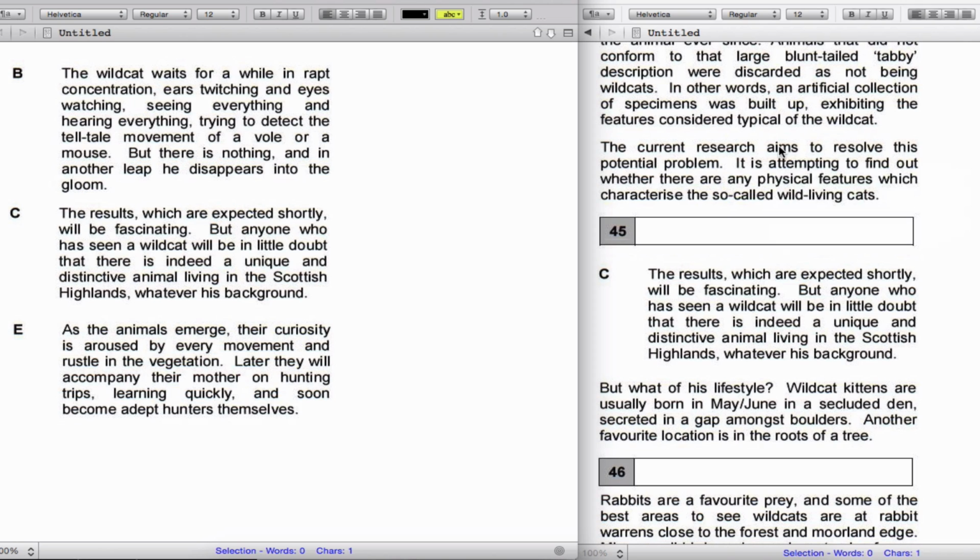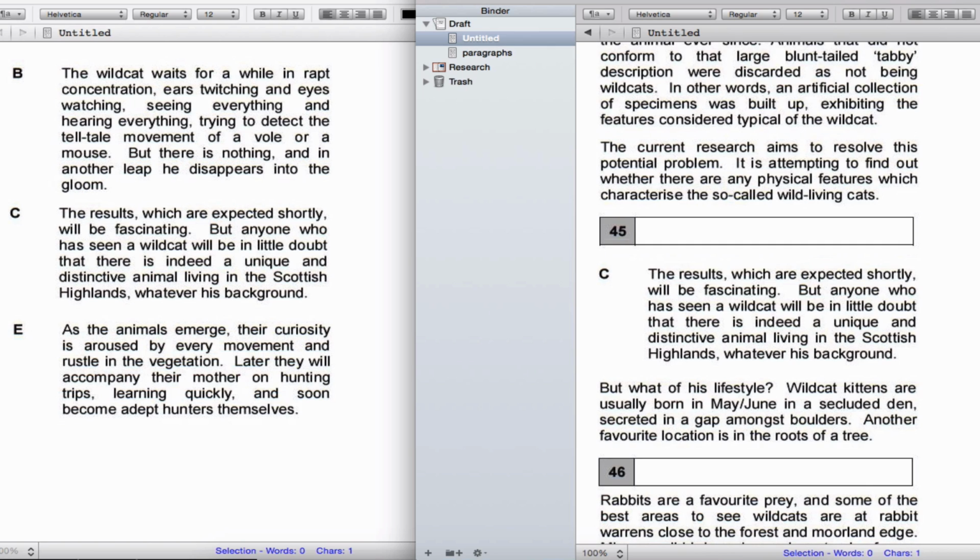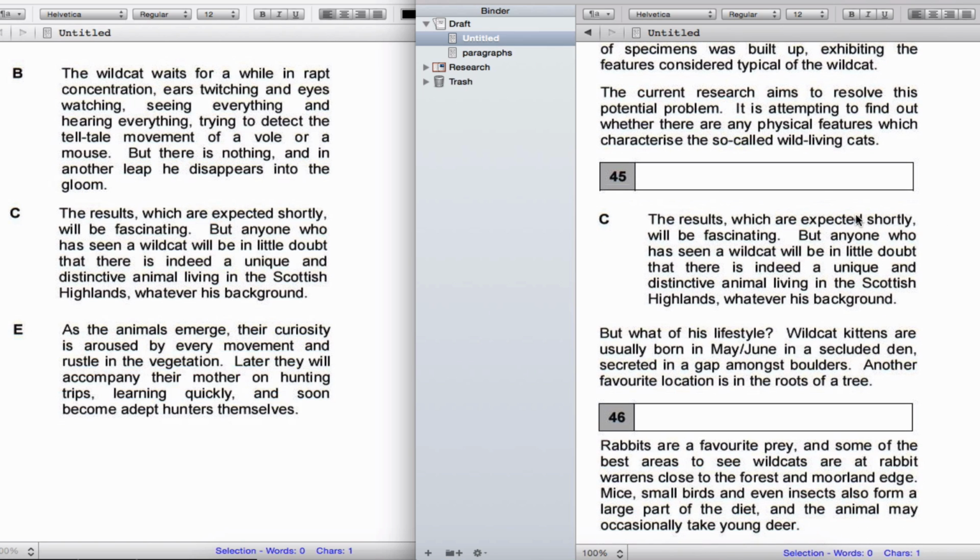The current research aims to resolve this potential problem. It's attempting to find out whether there are any physical features. Now, B is talking a little bit about its physical characteristics, so yeah, it's a little bit tempting. The results which are expected shortly will be fascinating. Now, that's the result of the research that is being carried out. I'm 100% sure about that.